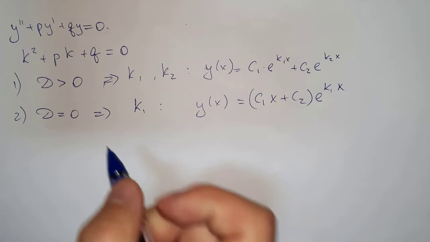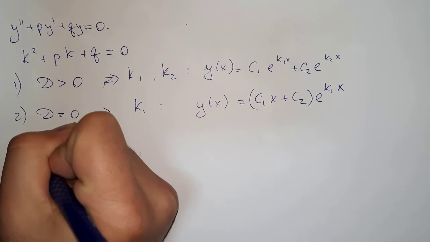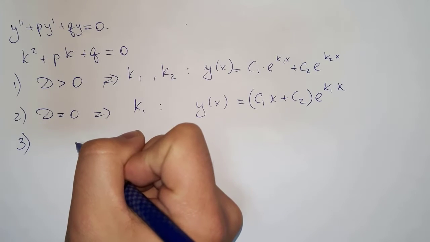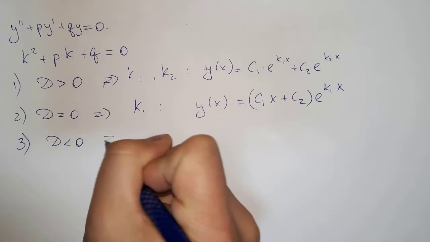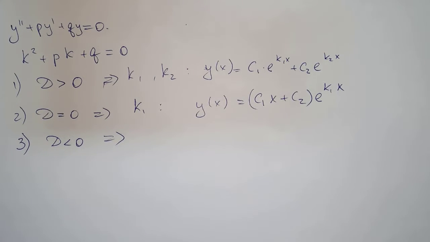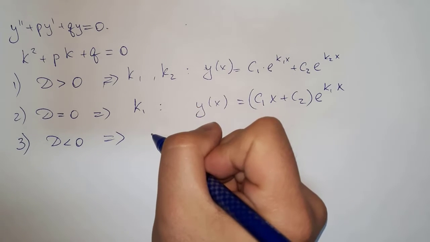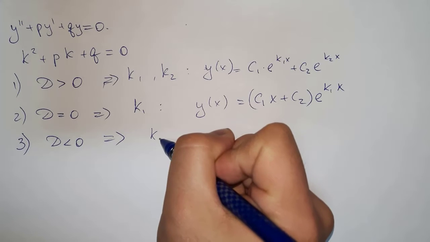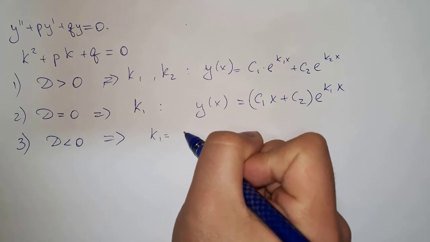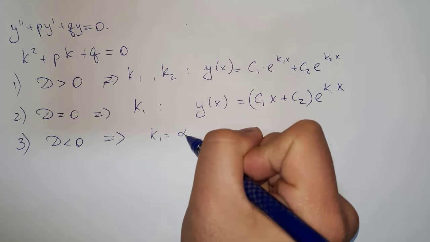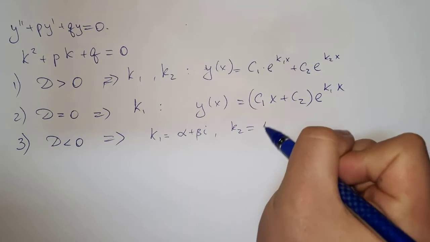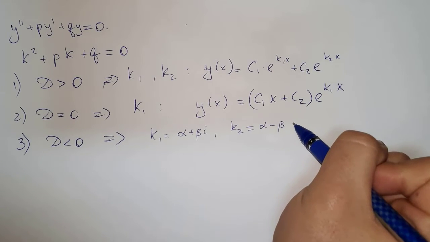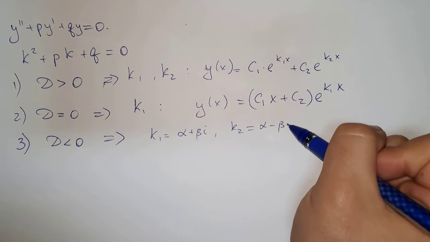And in the third case, if the discriminant is less than 0, what will we get here? So we have complex roots. So k1 is a complex number alpha plus beta i, and k2 is alpha minus beta i, conjugated complex numbers.